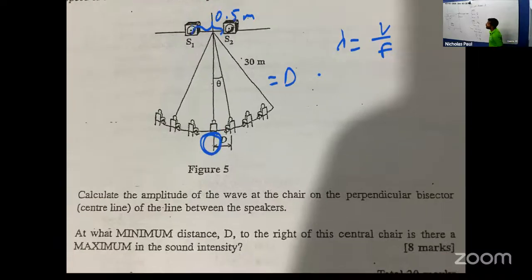At what minimum distance d to the right is their maximum? Try to work it out. When will you hear maximum?